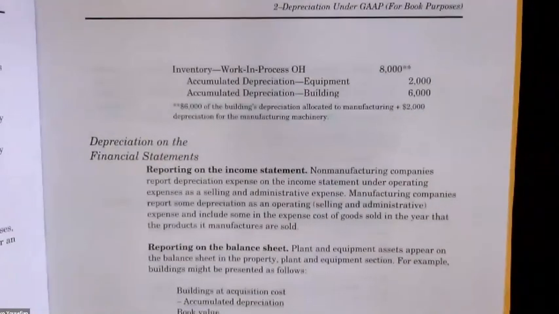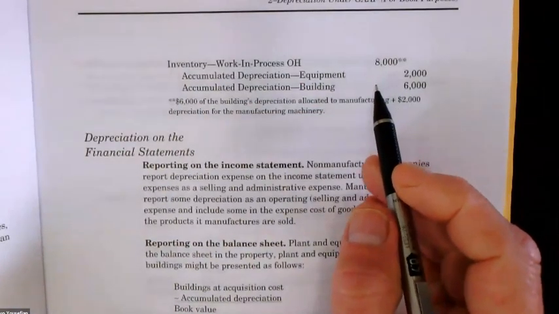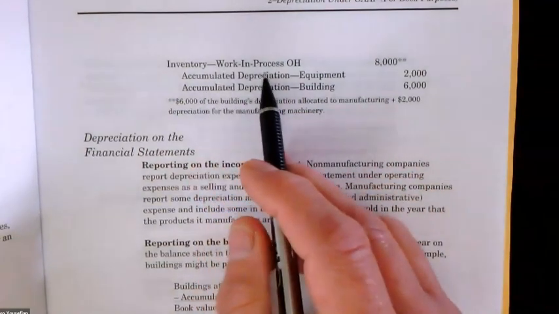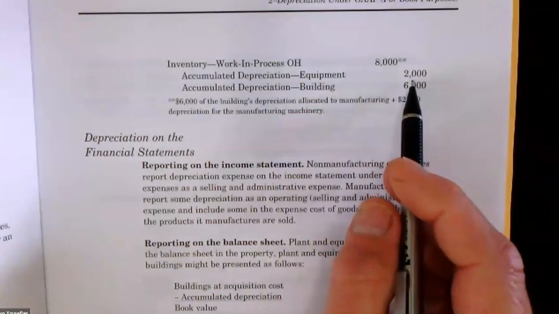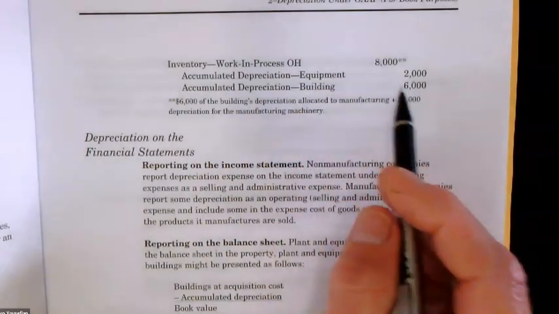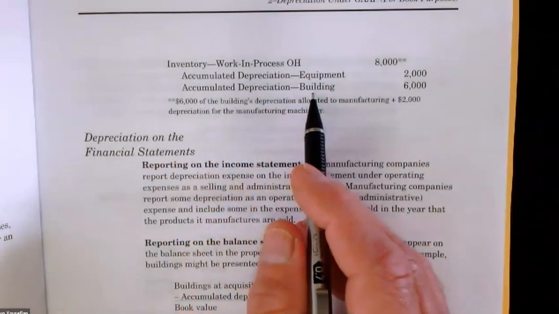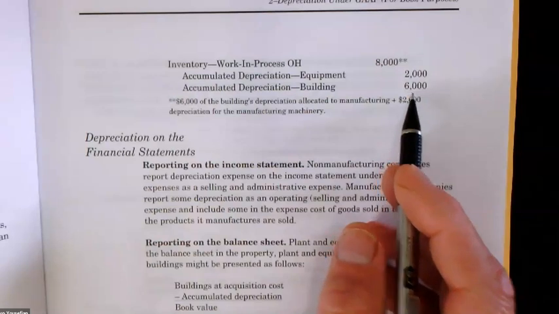However, for the portion recognized for the manufacturing area, you debit overhead for $8,000. You credit accumulated depreciation, equipment, for the manufacturing area, and accumulated depreciation, building, for the manufacturing area again.